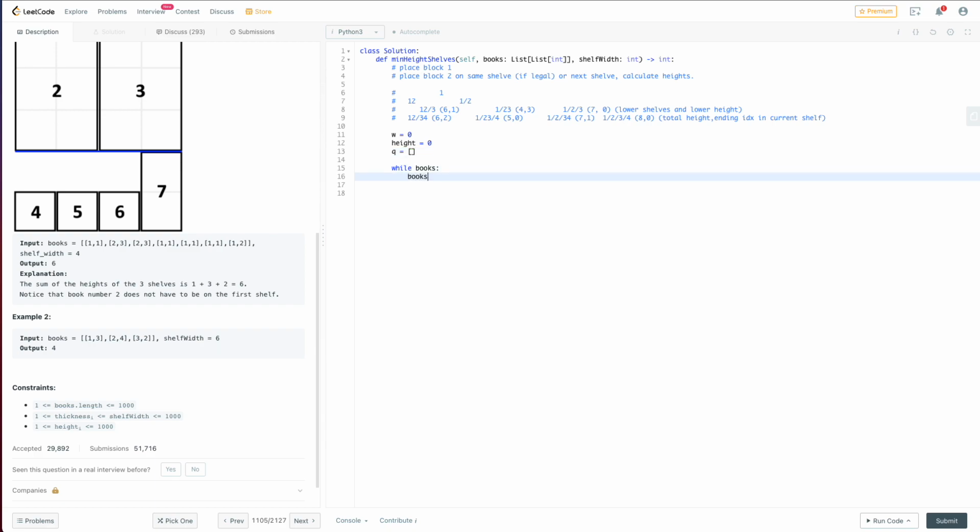Like you could just do books.pop(0), and that'll be your first index.